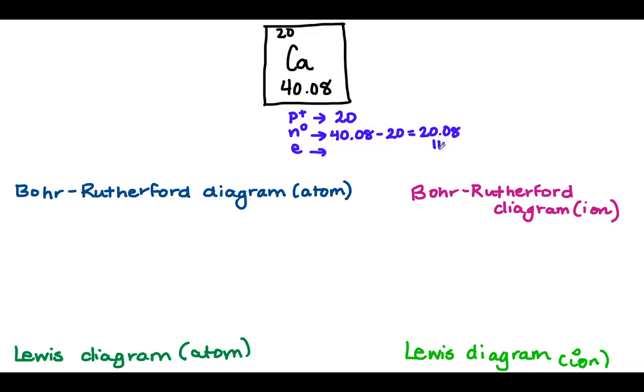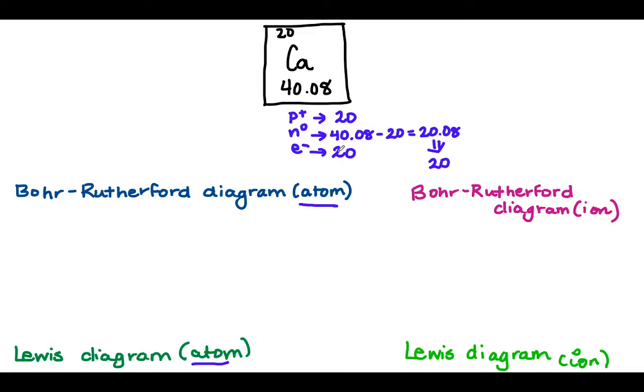Because this is the number of neutrons, we're going to round to 20, to the nearest whole number. And electrons. When we're talking about atoms, which we are in these first two scenarios, the number of protons is equal to the number of electrons. So the total number of electrons is equal to 20.